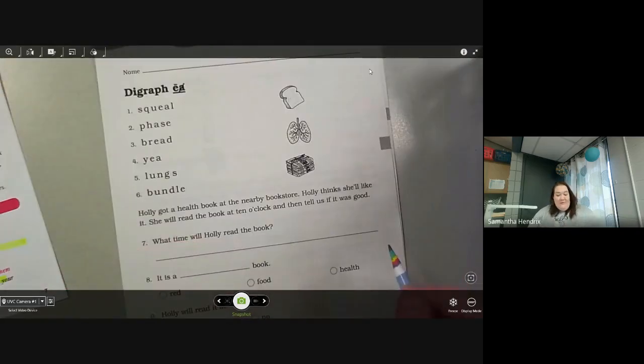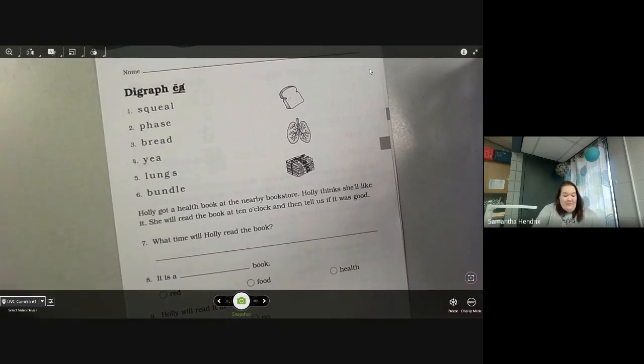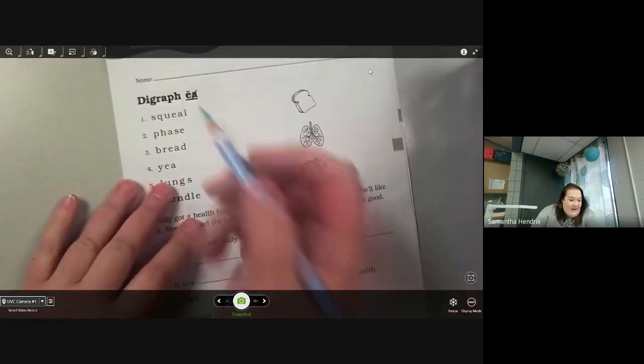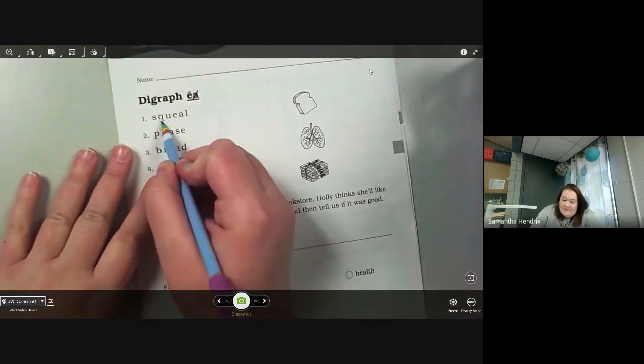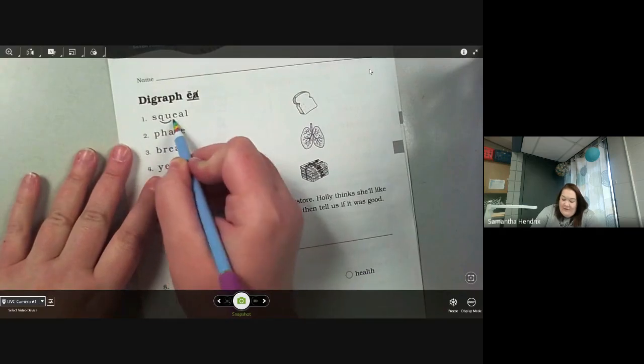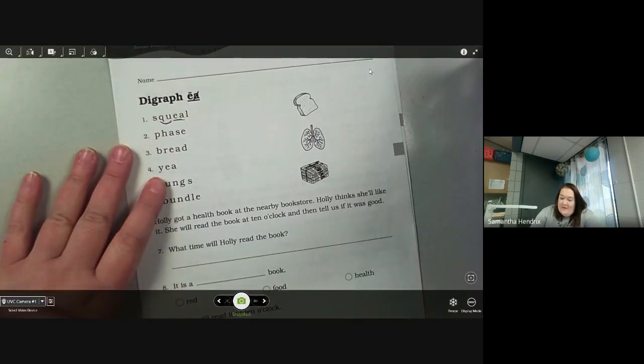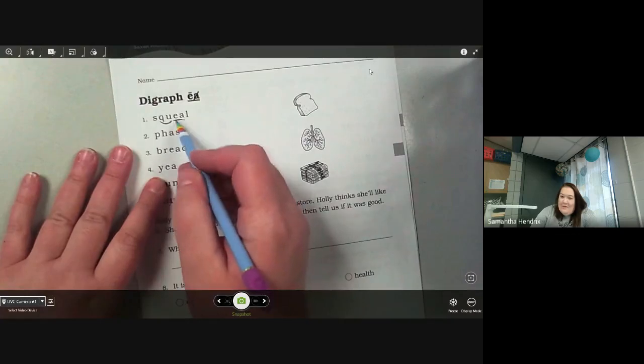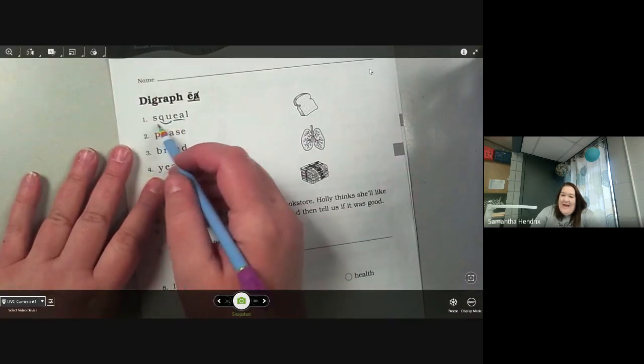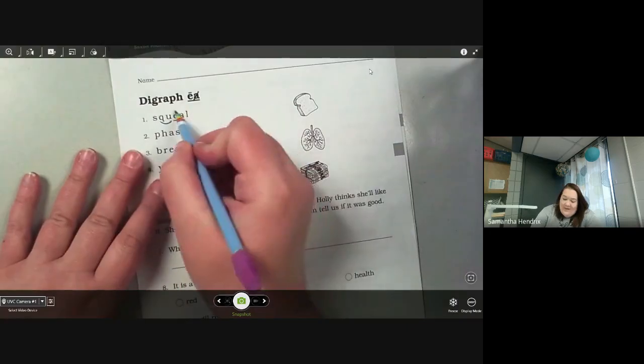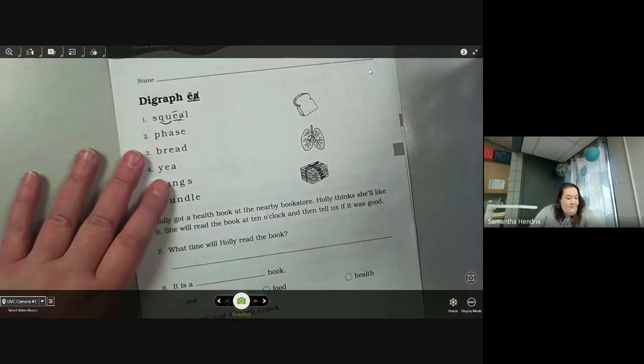Okay. Let's look at this worksheet. Digraph EA. So we have combination QU, digraph EA, L, eel, or ale. Squeal. Okay.